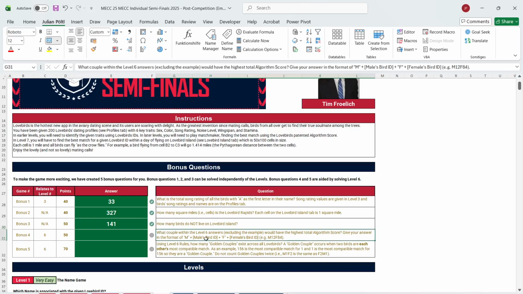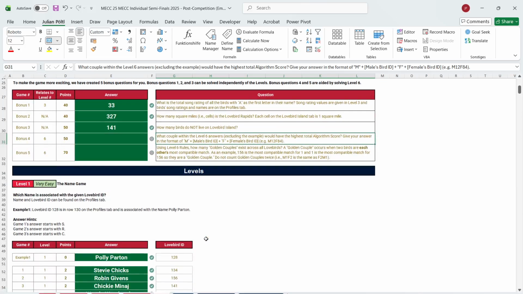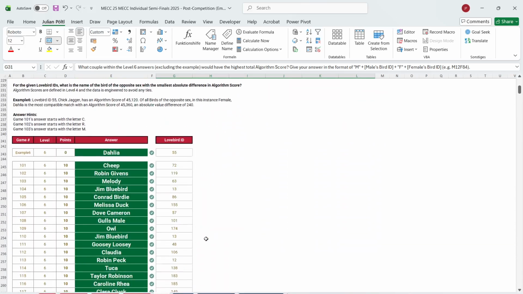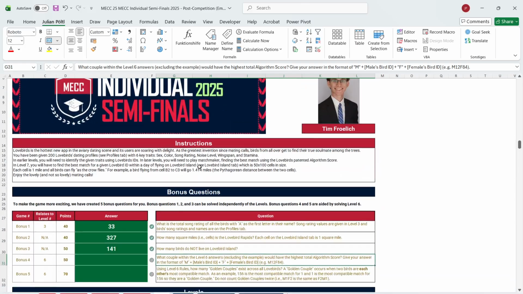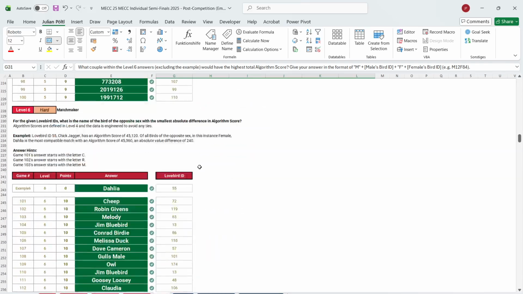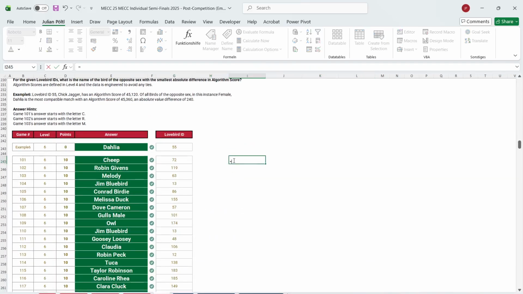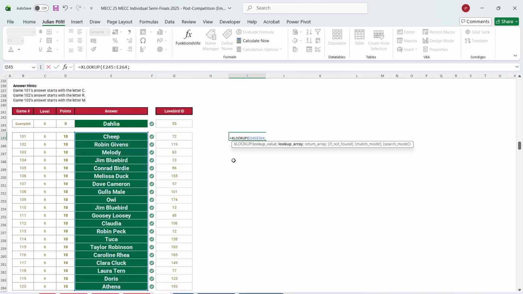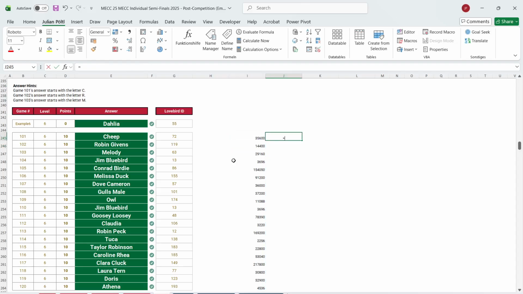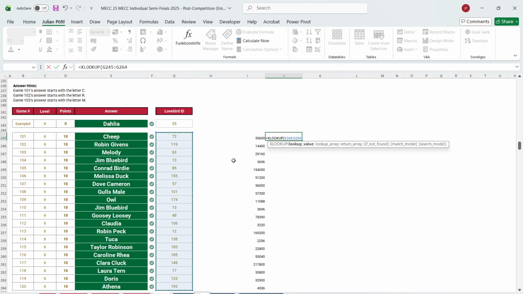What couple within the level 7 answers would have the highest algorithmic score? Okay, level 6, right? Yeah. Okay. Let's look up this in name returning algo. Let's look up this in Lovebird ID returning algo.